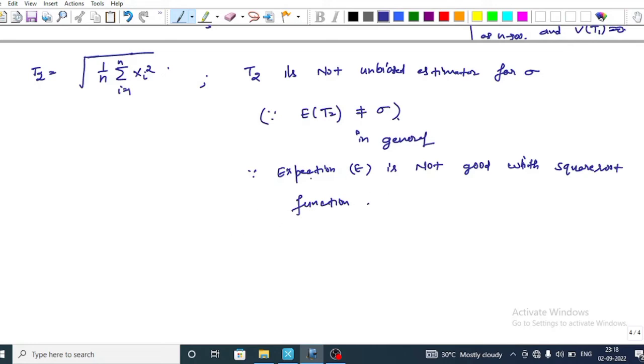That's why T2 is not unbiased estimator of sigma.